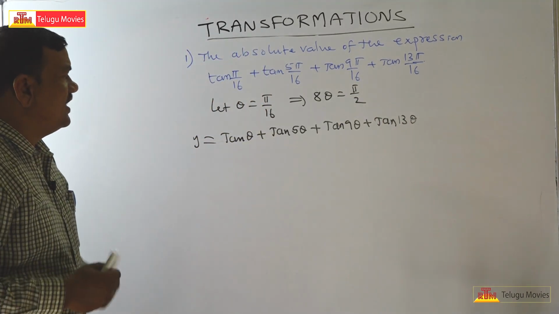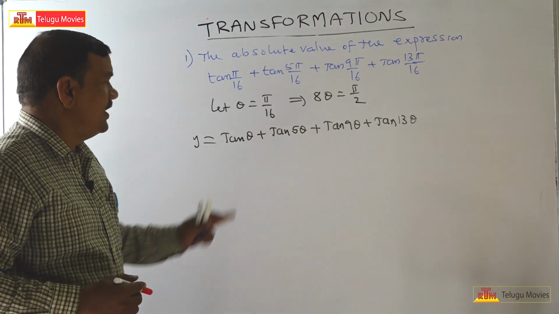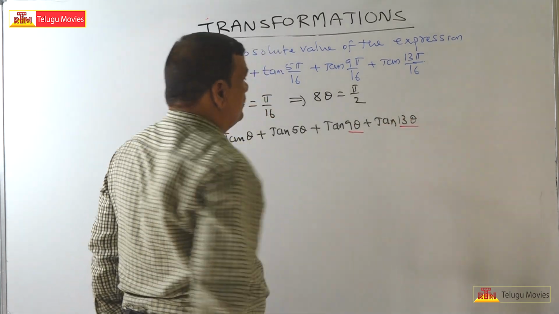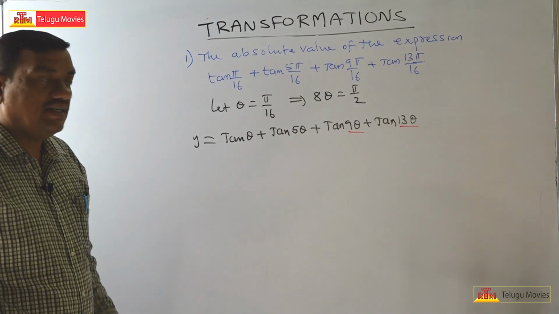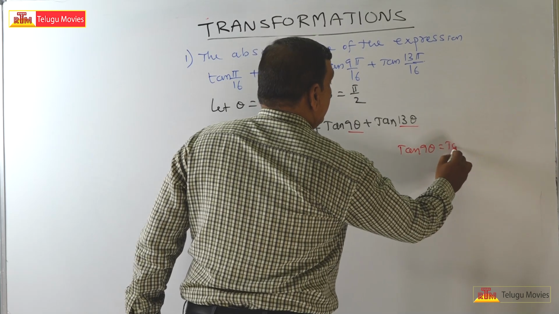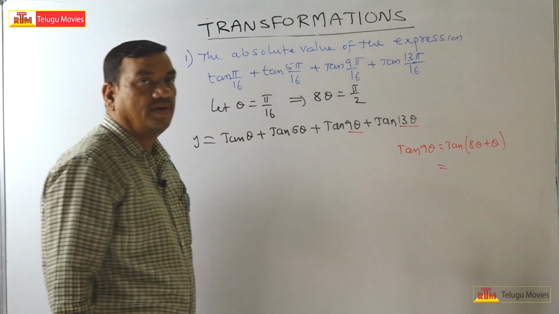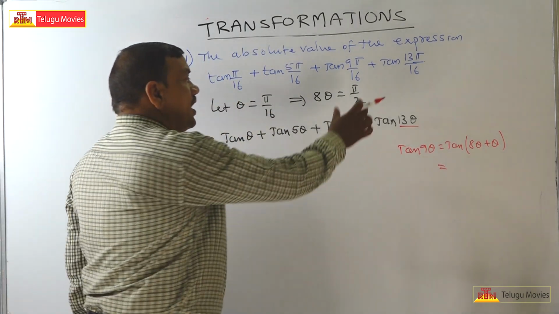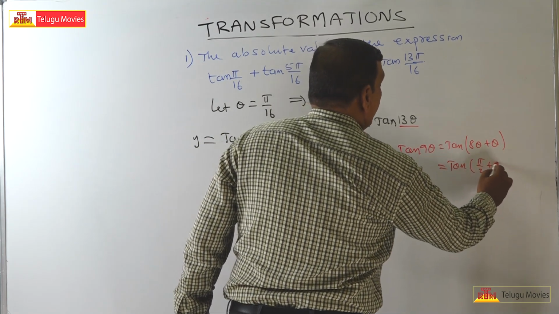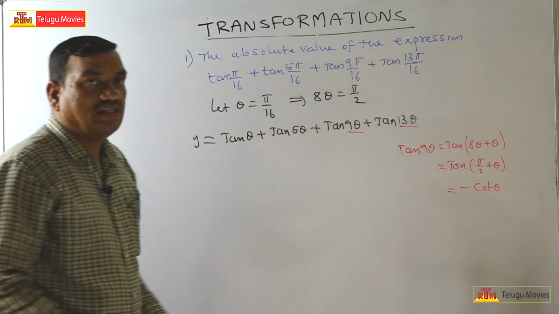Wherever theta is there, I wrote pi by 16. Now let me reduce these two values, tan 9 theta plus tan 13 theta. Tan 9 theta, can I write it as tan of 8 theta plus theta? No problem. 8 theta means pi by 2, so this is tan of pi by 2 plus theta. This is equal to minus cot theta, since tan of 90 plus theta is in the second quadrant.